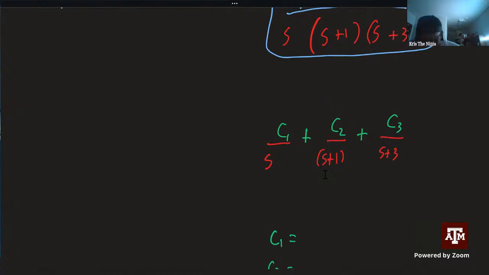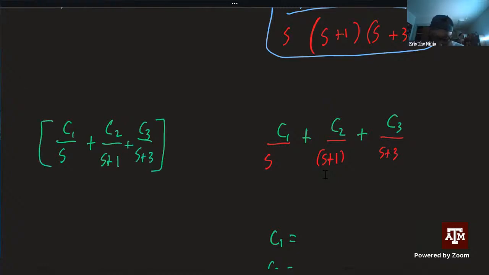So we're going to take C1 over s plus C2 over s plus 1 and C3 over s plus 3. We're going to multiply all that by s. Multiplying by s gives us C1 plus C2 s over s plus 1 plus C3 s over s plus 3.